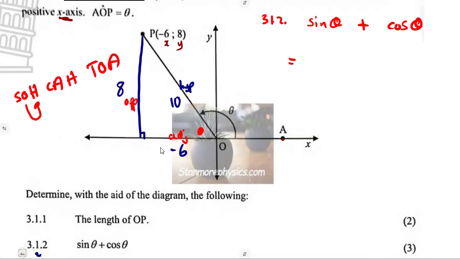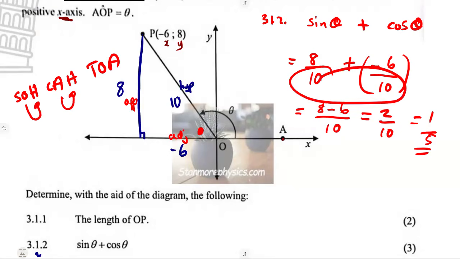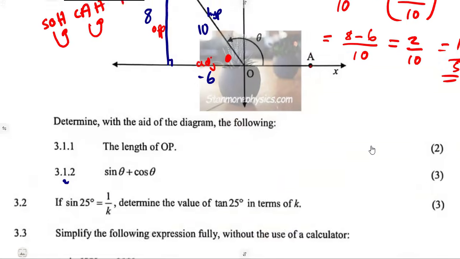So sine theta is 8 over 10, plus cos theta, adjacent over hypotenuse, negative 6 over 10. As we can see, we've got plus and minus, which is going to give us 2 over 10. You can easily combine the numerators.